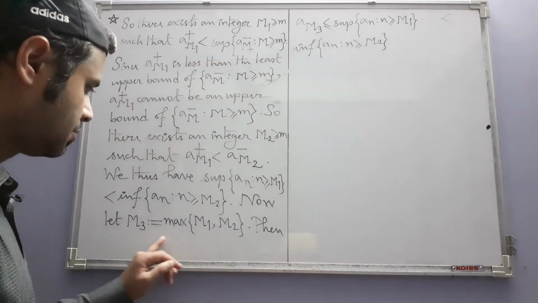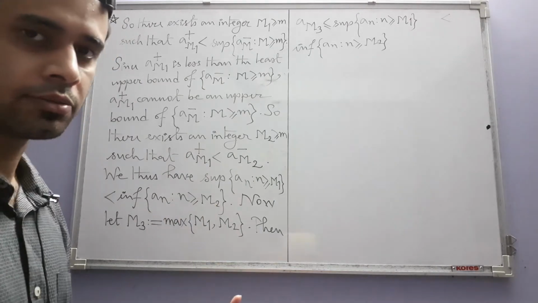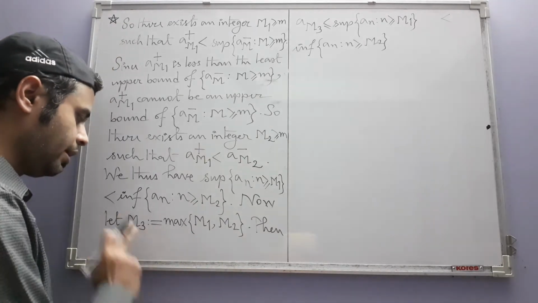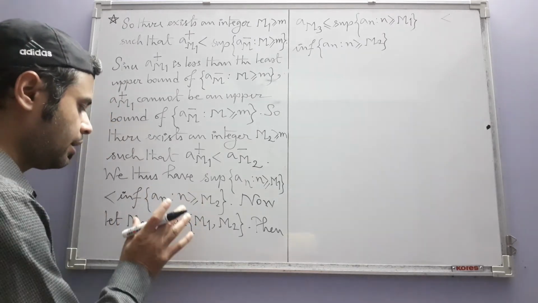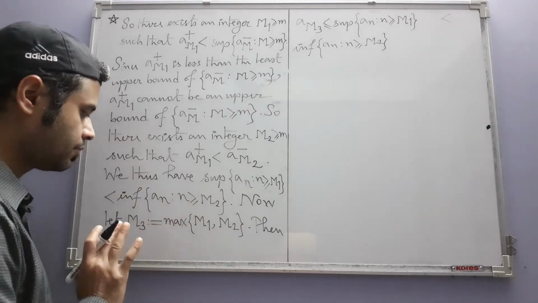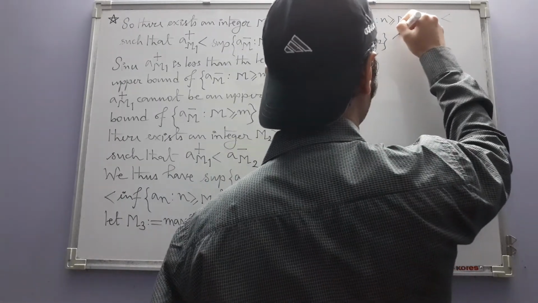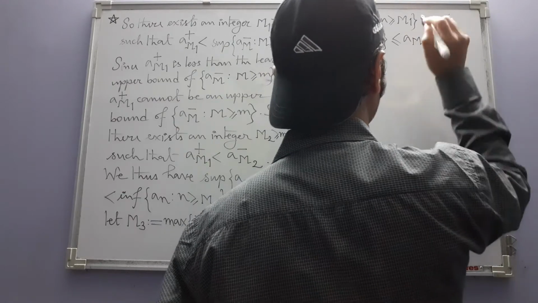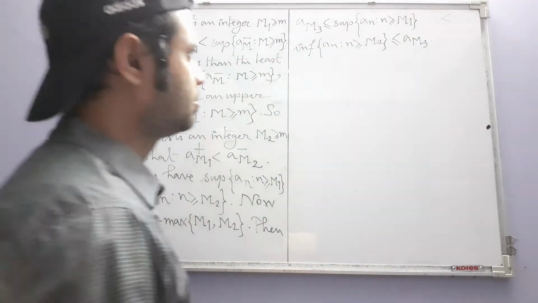However, m3 besides being greater than or equal to m1 is also greater than or equal to m2, because it's the maximum of these two. So am3 is here in this set also, and hence the infimum of this set will be less than or equal to the element am3. Do you see that we now have a contradiction?